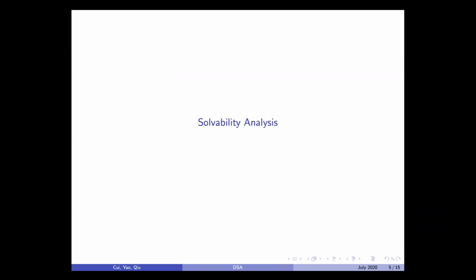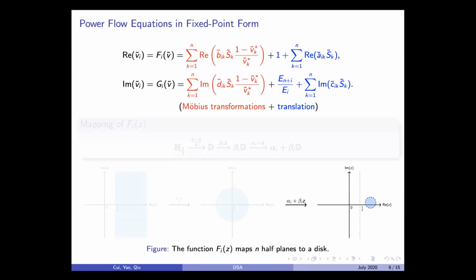So it turns out that for this model, it can be recast in the following fixed point form. We can see, for instance, the first equation here actually relates the real part of the voltage I as a function of all system bus voltages.